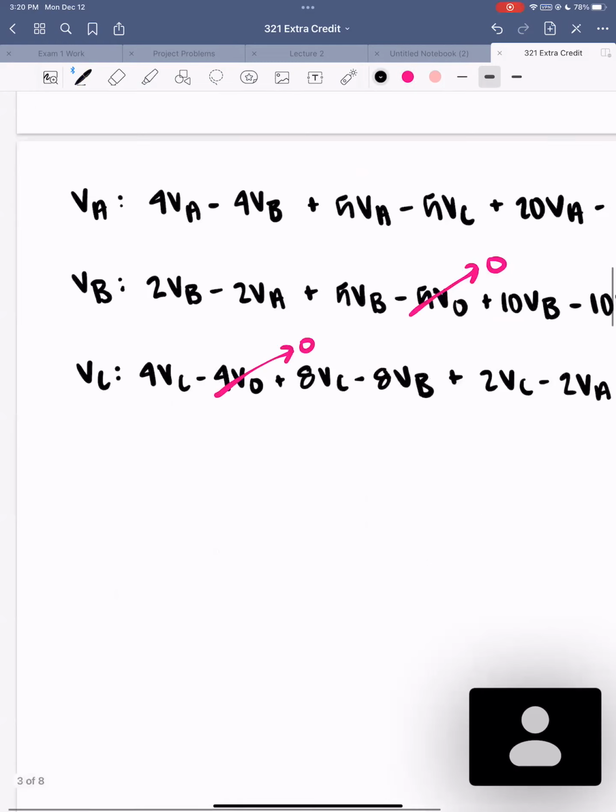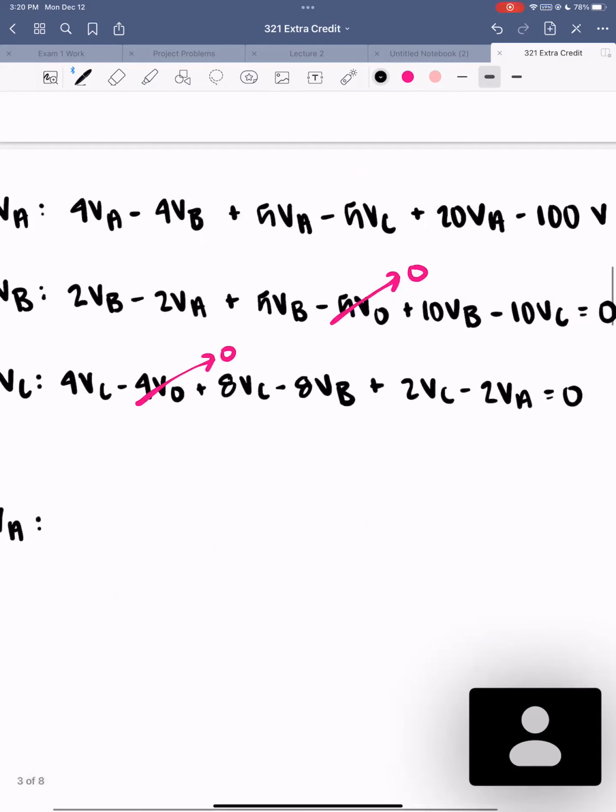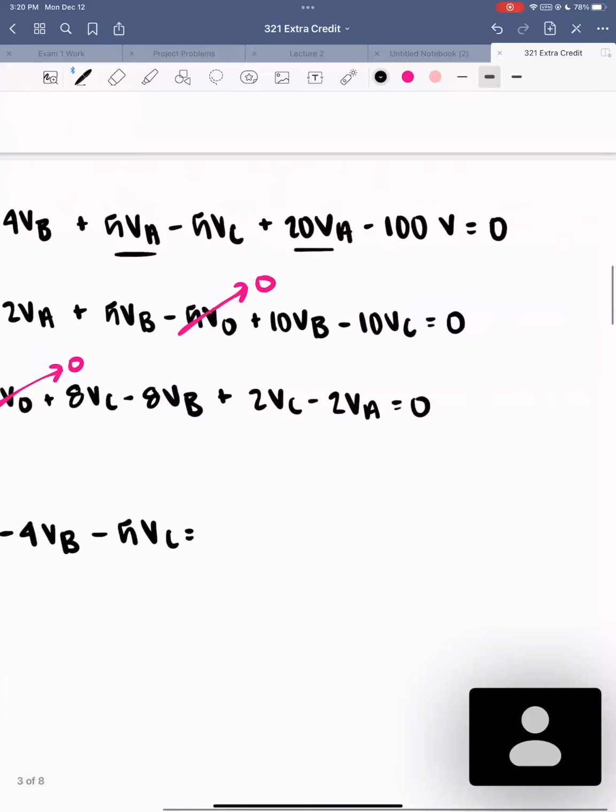Now we're going to rewrite our equations again with combining like terms. So VA, we're going to combine all the VAs. So that gives us 29 VA minus 4 VB minus 5 VC, and we're going to move the negative 100 volts to the other side. We're just going to add it, so we get a positive 100 volts.